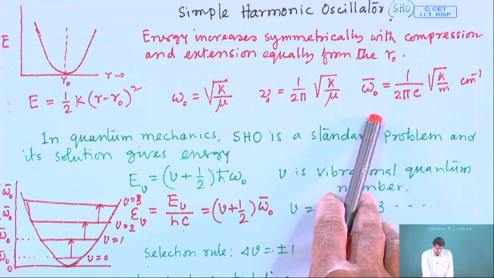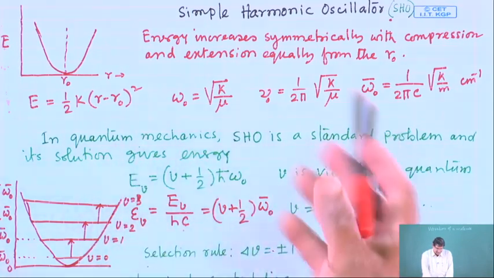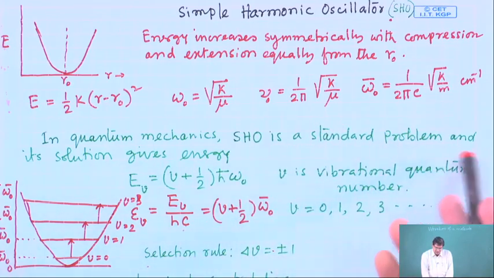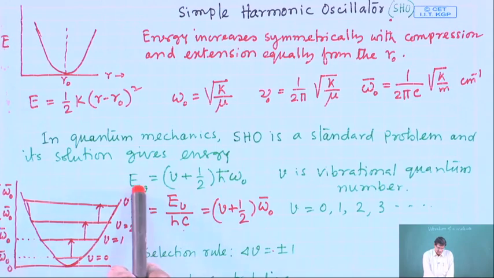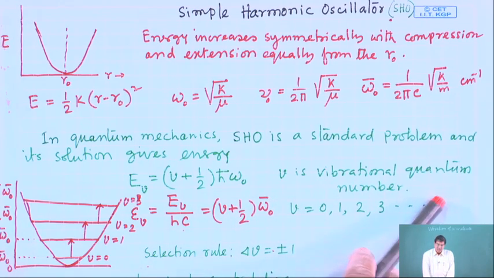As I mentioned, in quantum mechanics simple harmonic motion is a standard problem, and its solution gives the energy E v equal to (v plus half) h cross omega 0. V is the vibrational quantum number, and v can take the values 0, 1, 2, 3.